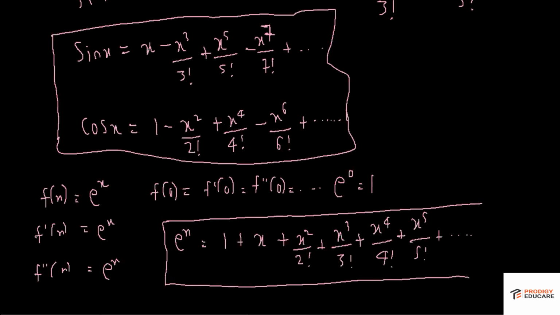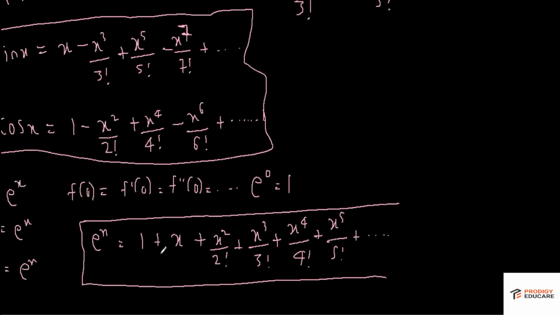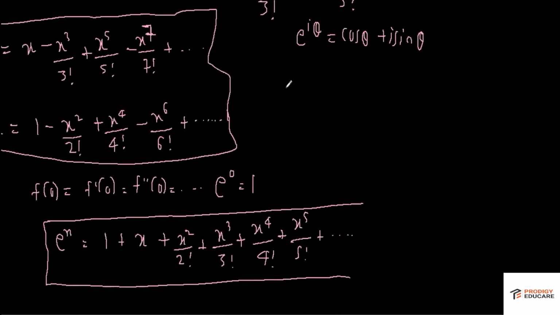Now, what I'll do is, I'll simply substitute x as i theta. Now, you might be knowing which formula I'm deriving. I'm basically deriving the e raised to i theta formula, which is cos theta plus i sin theta, as you might have guessed. So in this function, I have to simply substitute x as i theta. So e raised to i theta must be, this is LHS by the way, LHS for this formula. e raised to i theta is given by, now wherever there is x, I have to simply substitute i theta.